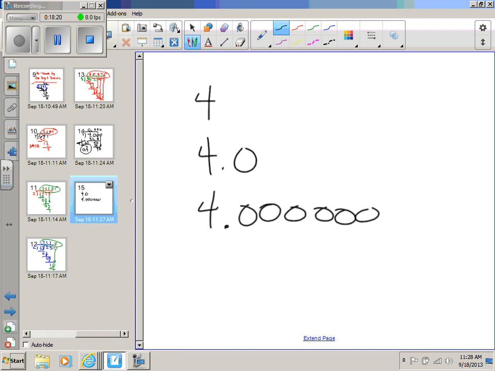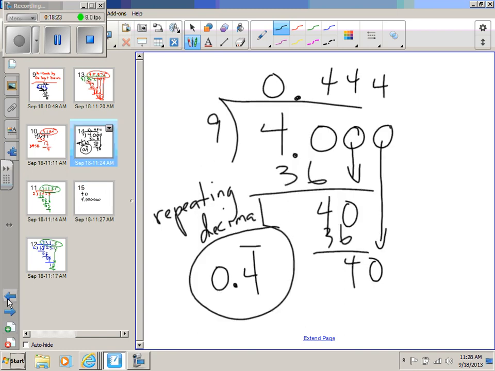Did we not just use a 4? Isn't this just a 4 with all the zeros? It's still a 4. But now we're able to find out for sure what its value is. How many times could you squeeze a 9 into a 4? Well, 4 is almost half, right? 0.4 is almost half. 0.44 is almost half. What's half as a decimal? 0.5. So it's almost half. Not quite.